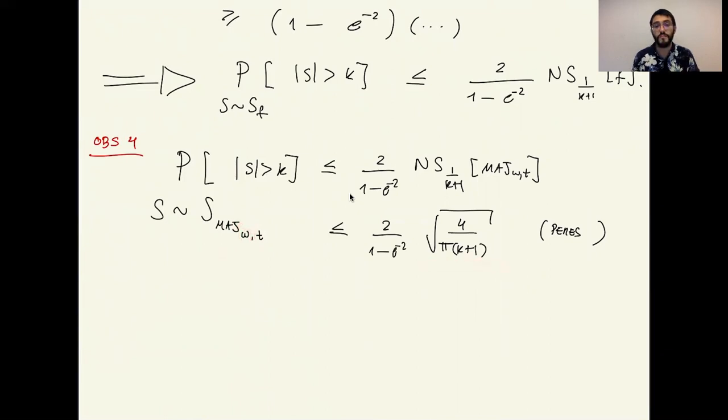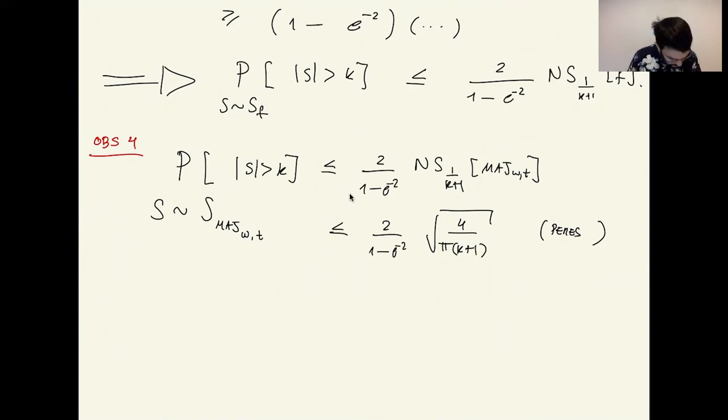That is, if you want to know how this is concentrated, say, I want this to be less than 1%, then I should take K like 100. And when you take the square root of 100, you get something like 1 over 10 here.